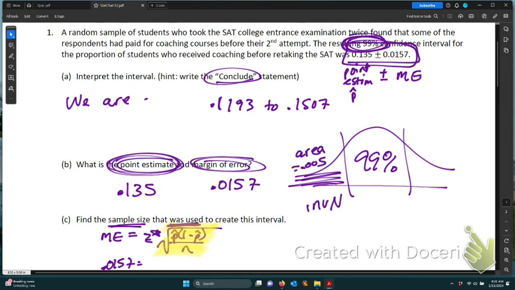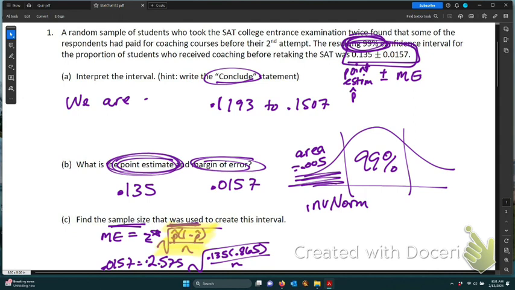And then you do inverse norm, and you get your z-star critical value, which was 2.57 whatever, and then the square root. And then p hat. If you have a p hat, which we did in this problem, you should use it. If you don't have a p hat, what are you going to use? You would use 0.5. But since you actually have it, then you should use it.